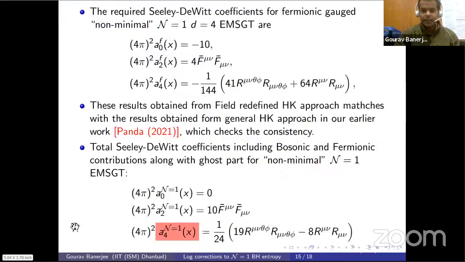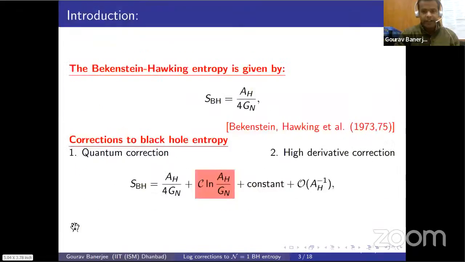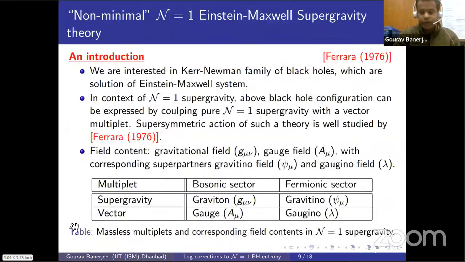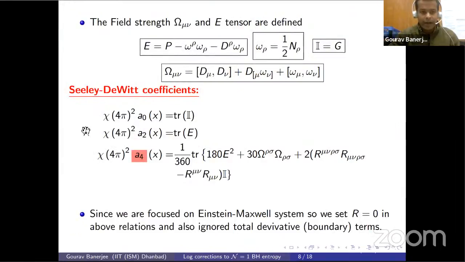Yes, you are right. This Seeley-DeWitt coefficient result, A0, A2, and A4, was first determined in Gilkey's paper. Yes, here I should refer to Gilkey.